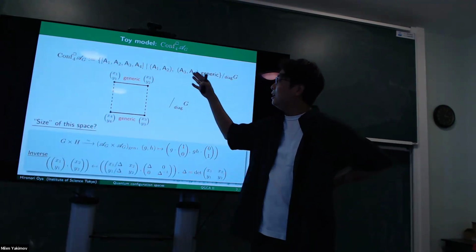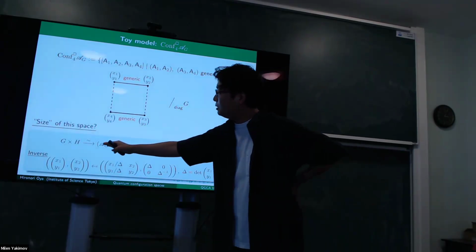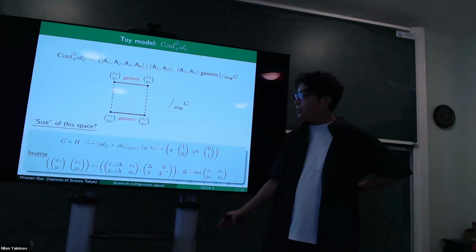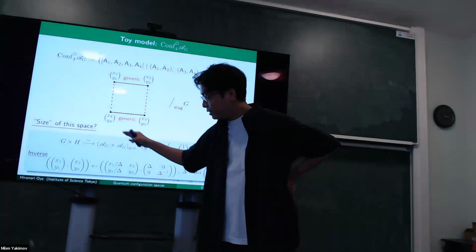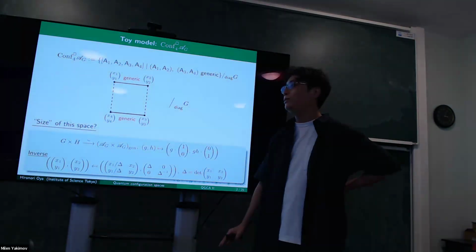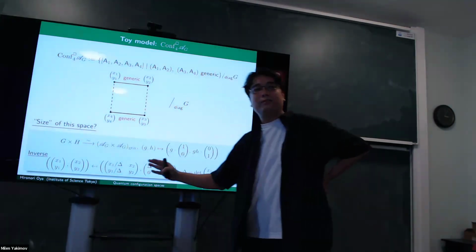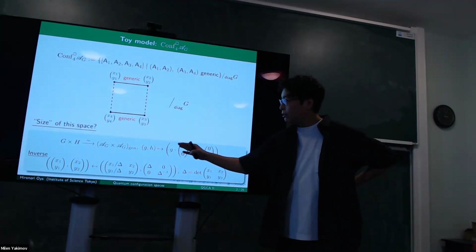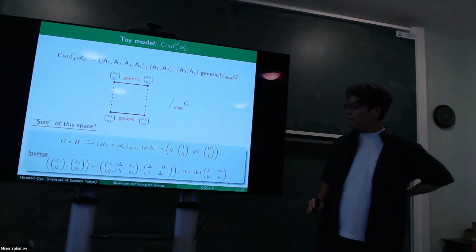Okay, so the space of generic pairs of decorated flags is isomorphic to G cross H. So H is the Cartan subgroup, and the correspondence is given in this way. Okay.